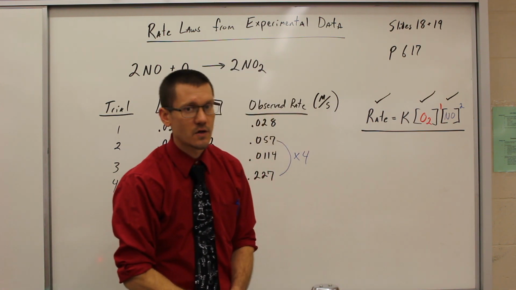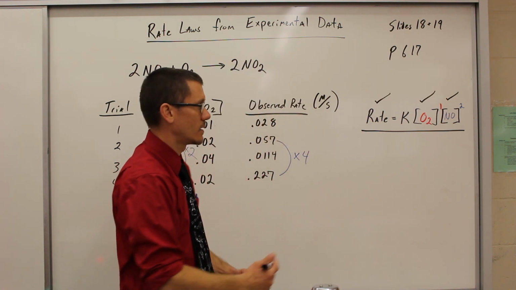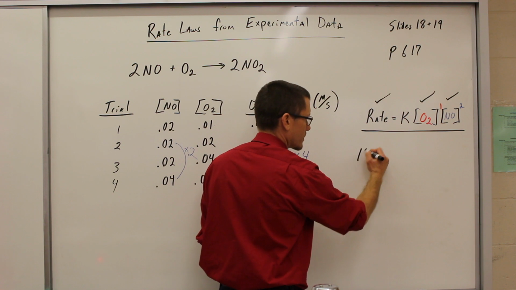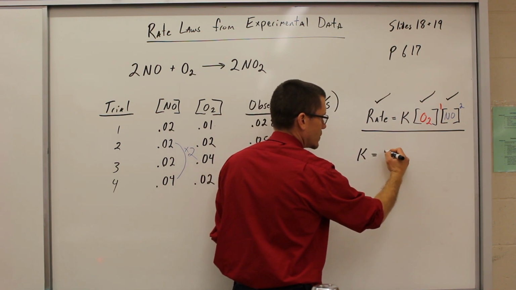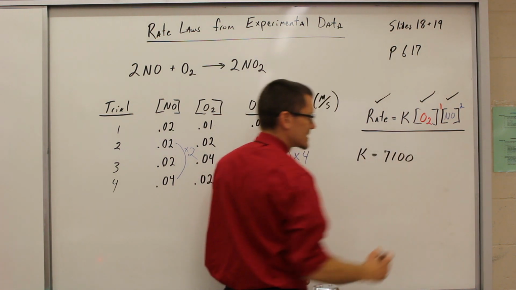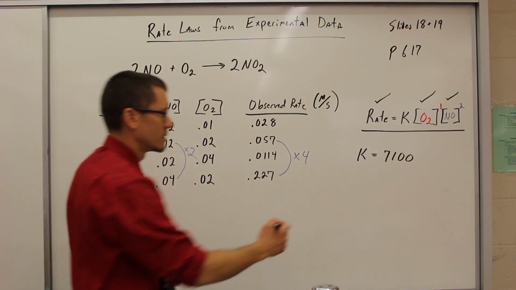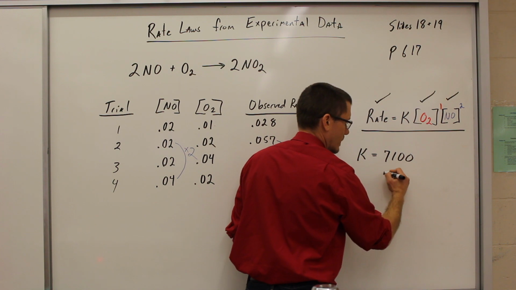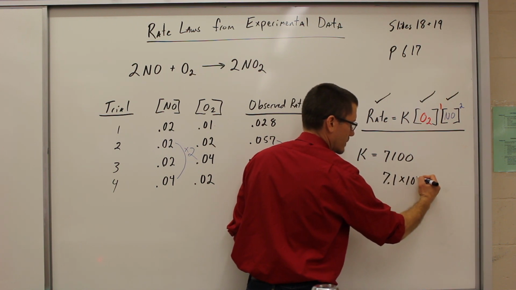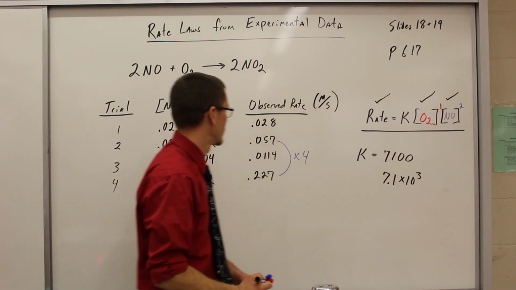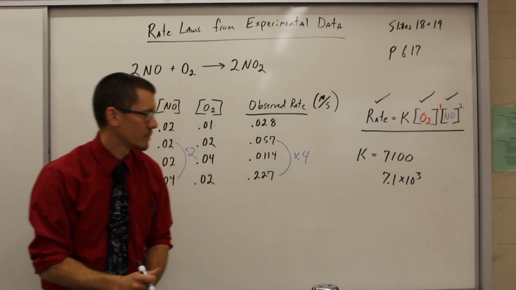Pick any one of those and solve for K. A little bit of algebra tells you that K is equal to 7,100, so do the sig figs.